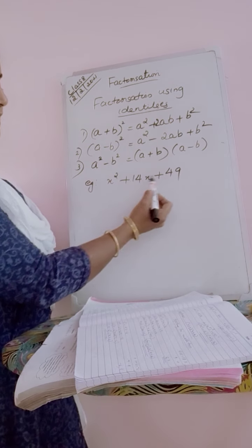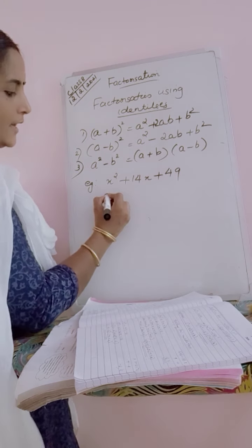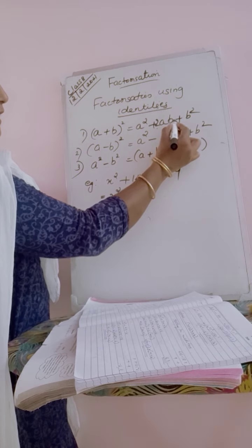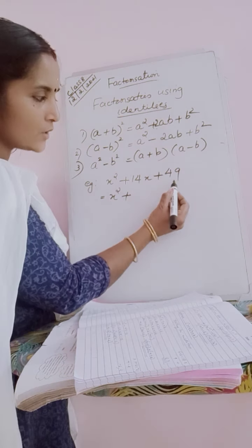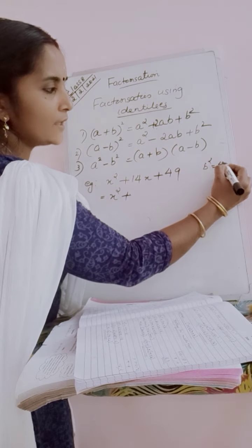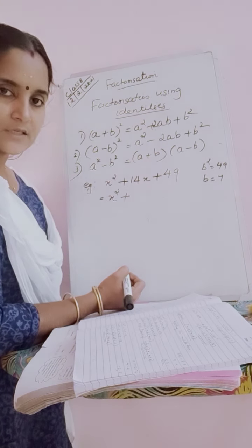Here we have plus sign, so we apply the first identity, and first we rewrite this as x square plus 2ab. Here in the b square position we have 49. This b square is 49, means what is b? b is 7, isn't it?